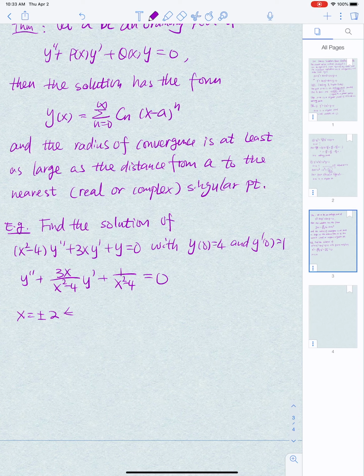So these are singular points. So we know the series will have a radius of convergence of at least 2.